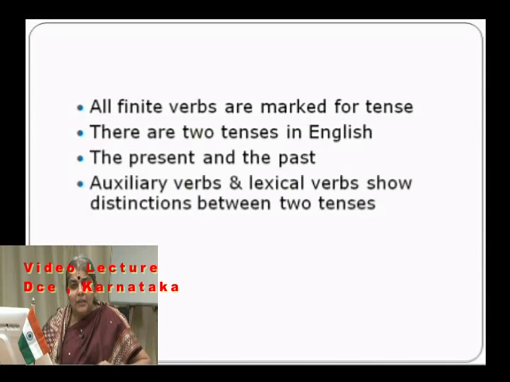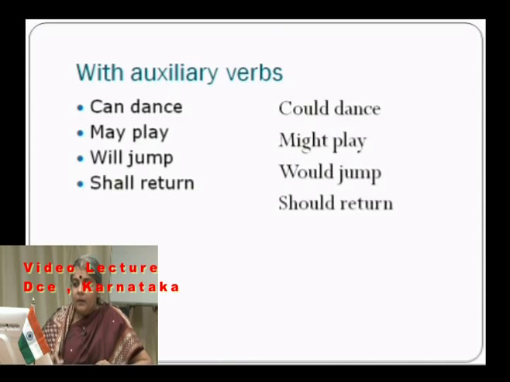Now having understood this, let us see the examples of how the tense works. The examples here below show how the tense of a verb phrase is identified with auxiliary verbs.